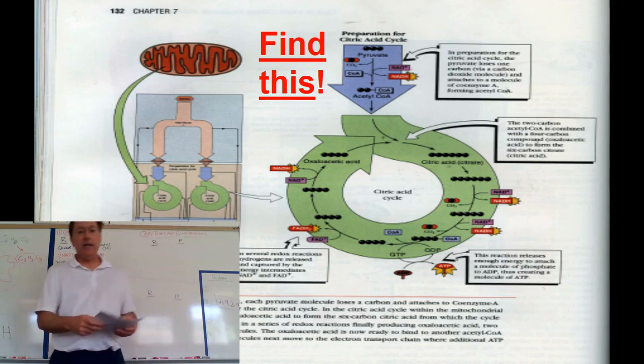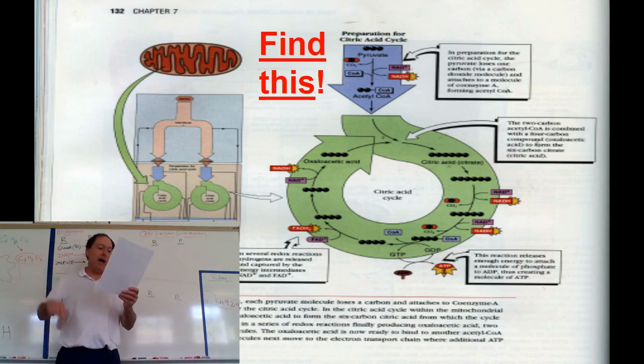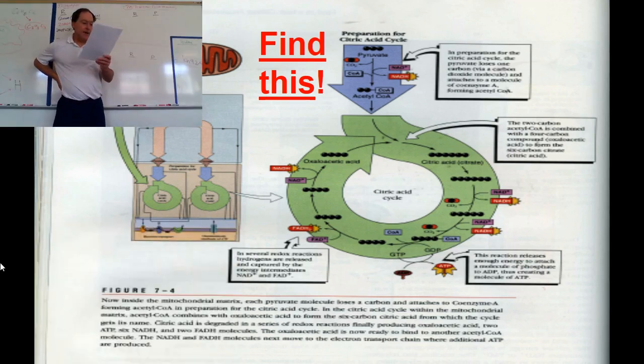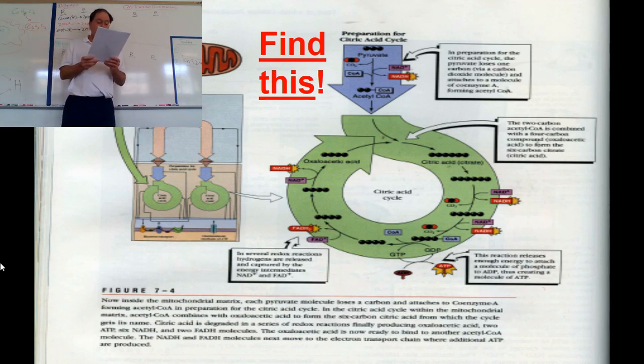Again, I would make someone read this, but let's read it together. At the bottom, figure 7-4, it says, now inside the mitochondrial matrix, or the middle of the mitochondria, each pyruvate molecule loses a carbon and attaches to coenzyme A, forming acetyl-CoA in preparation for the citric acid cycle. That's it. Let's just talk about the transition reaction.